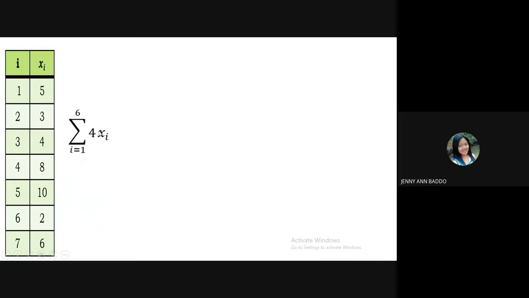Another example, summation of 4x sub I, where I ranges from 1 to 6. So this time, the number is written as a typical element together with x sub I. So when we expand, we have 4 times x sub 1 plus 4 times x sub 2 plus up to 4 times x sub 6.